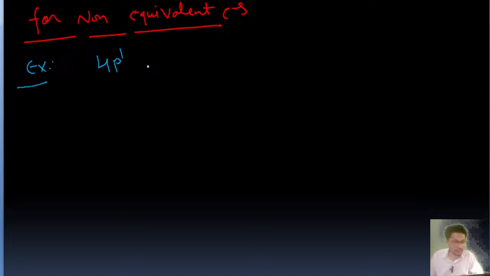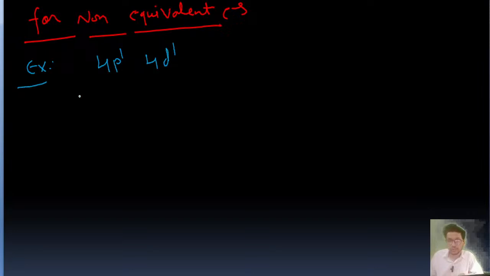First we will start with non-equivalent electrons. We have 4p1 and 4d1.